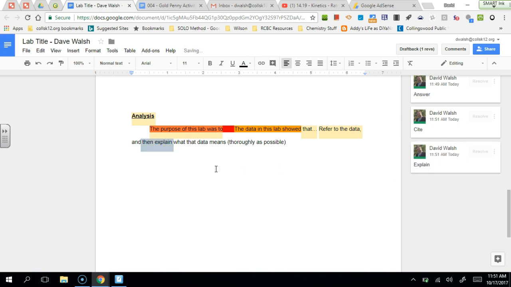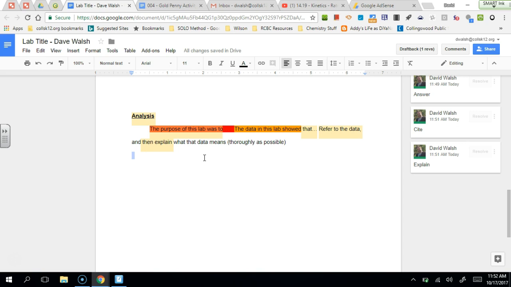Okay? And if there's no explain part, then that also needs to be addressed. Because just saying that the data says that there's 4% red food dye in the solution, that doesn't give you why you came up with that or how you came up with that.